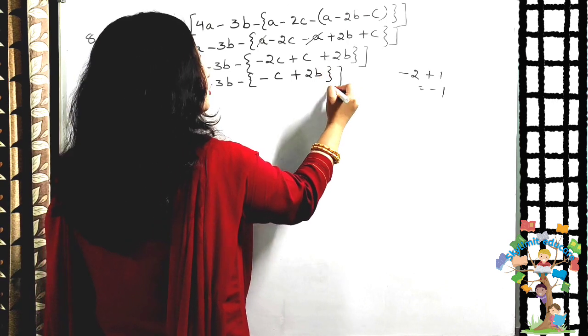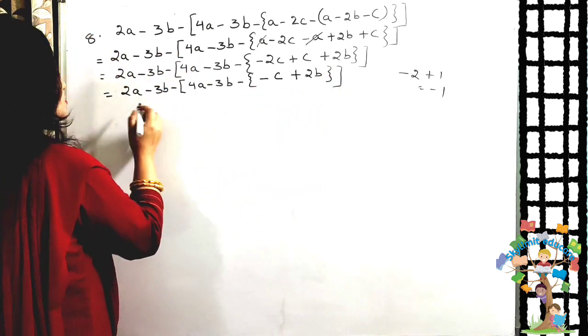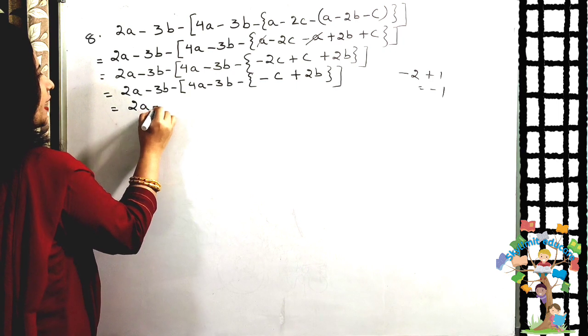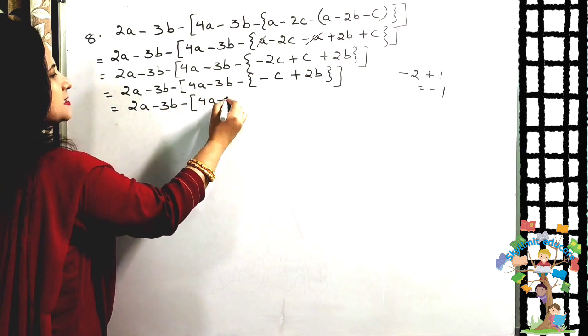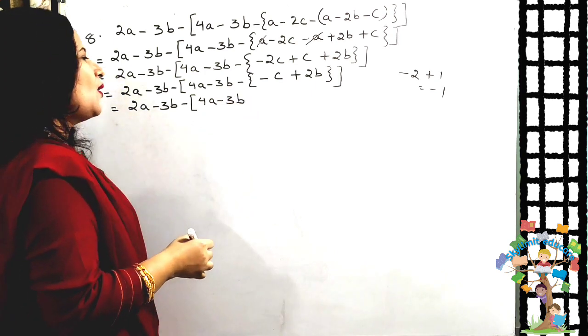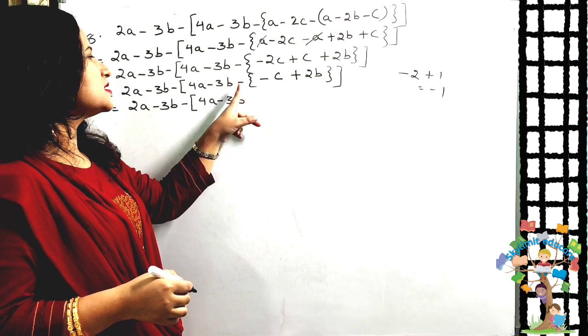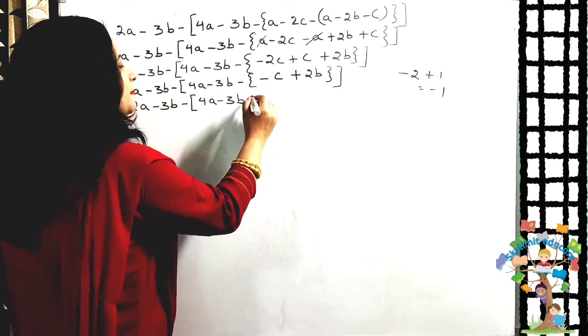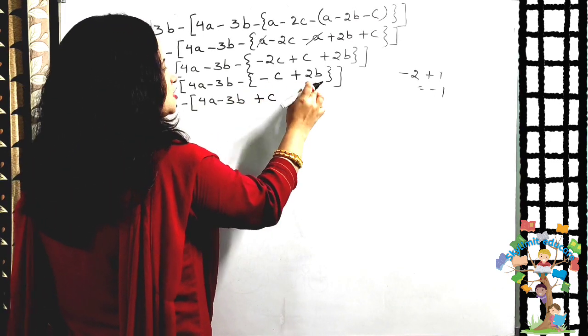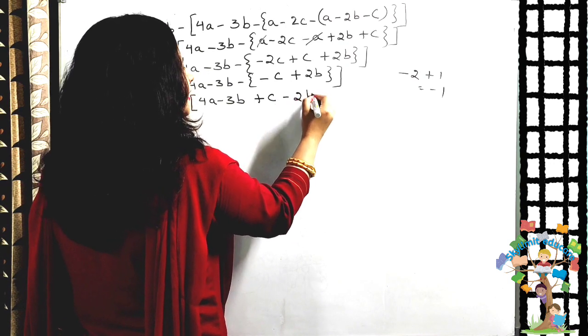Now next step what we will do? We will remove this curly bracket also. So 2a minus 3b minus 4a minus 3b. Now I have to be careful again because here outside the bracket I have minus sign. So minus c will become plus c, plus 2b will become minus 2b.